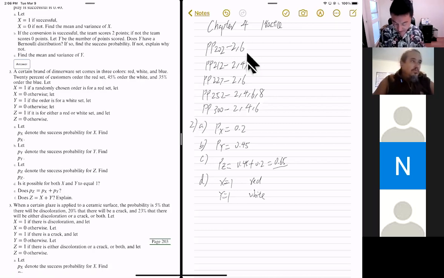Okay. So that means the color will be both red and white. Okay. So that is impossible. Okay. So not possible. So for D, the answer is no. Okay. Because we cannot have the color be both red and white. That's part D.